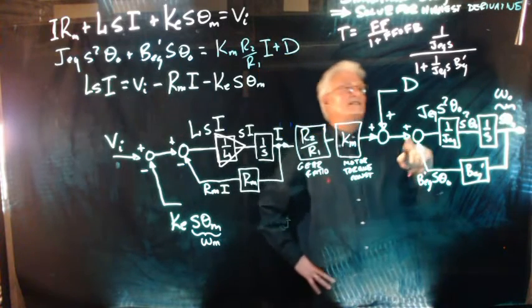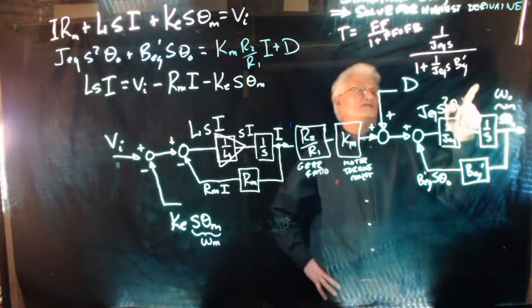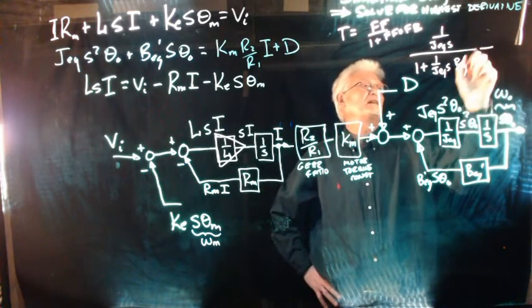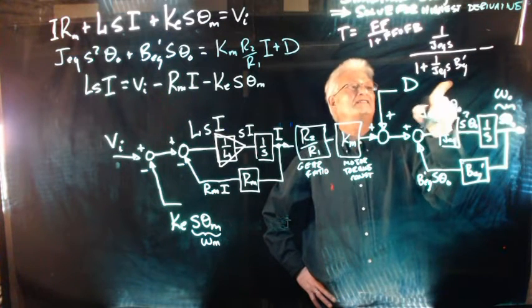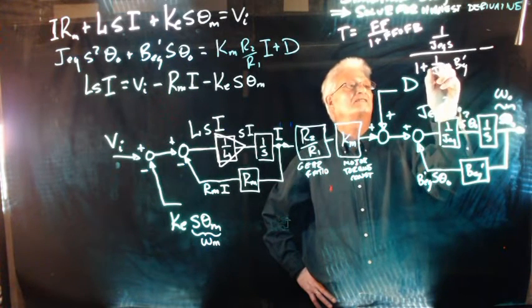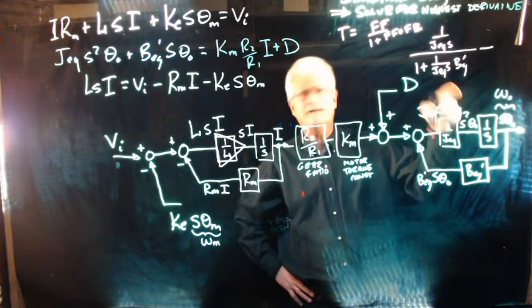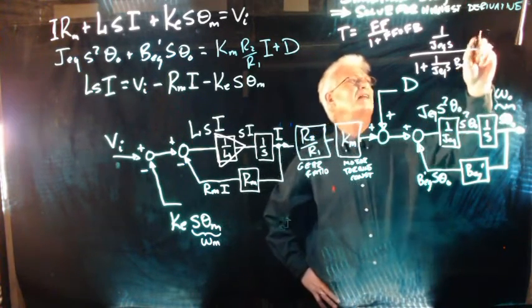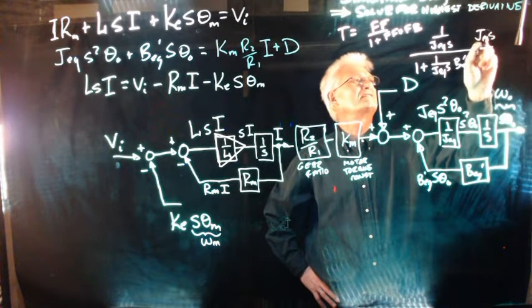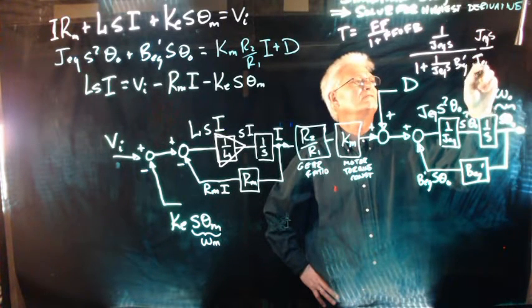Now, there's kind of a thing that you do here. Almost always it's better, like if your high school math teacher wouldn't like you to put fractions at the bottom of a fraction. That ain't good. So I'm going to multiply this by J equivalent s over J equivalent s.